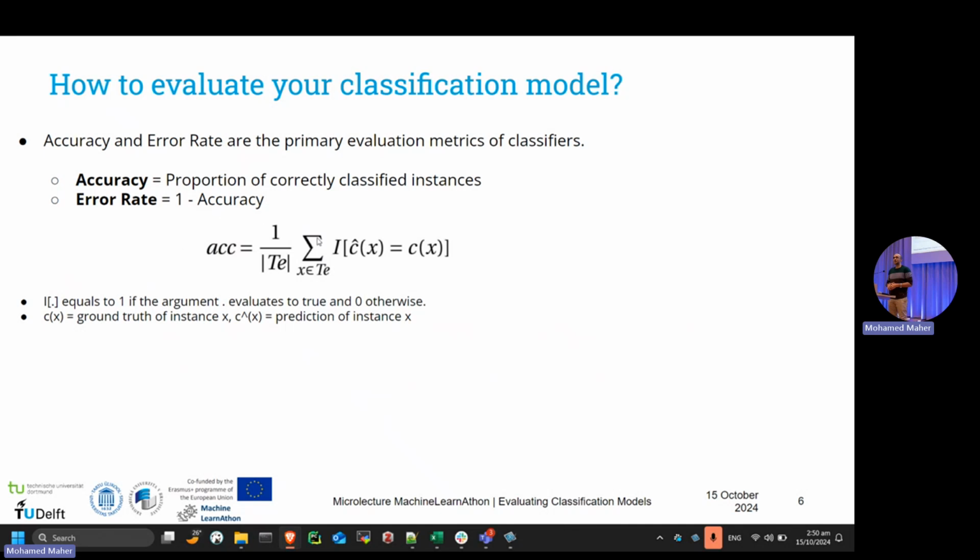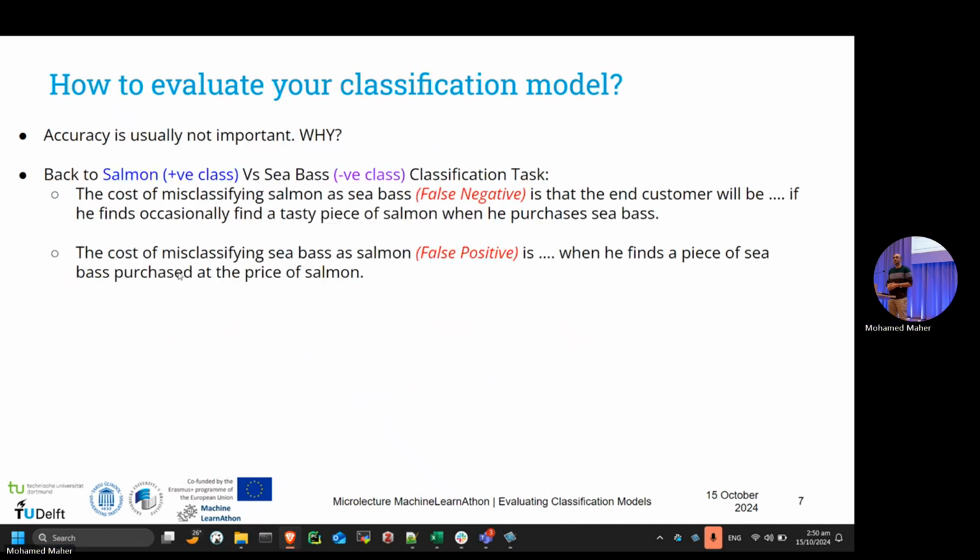So the formula for accuracy is the normalized sum of this expression, which equals 1 if the predicted class label is equal to the actual label, and 0 otherwise. But accuracy is usually not enough. We have different evaluation metrics which we should consider for different business tasks.